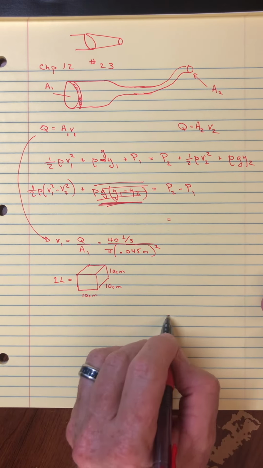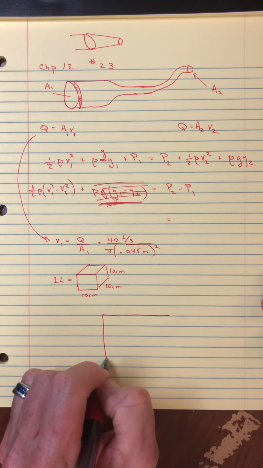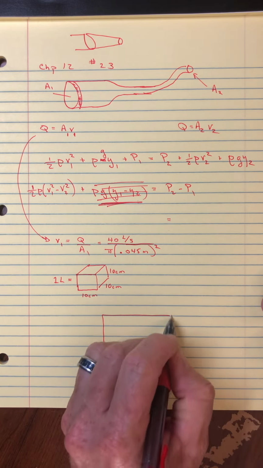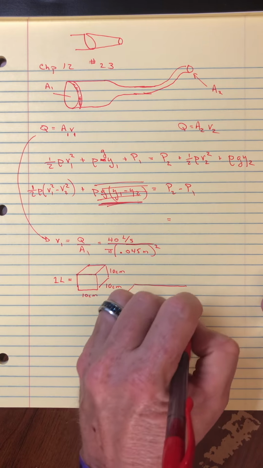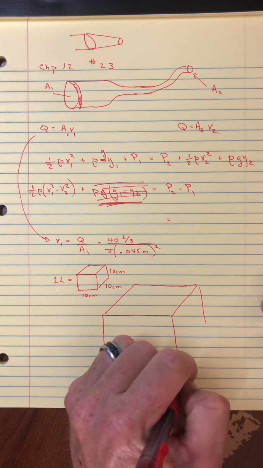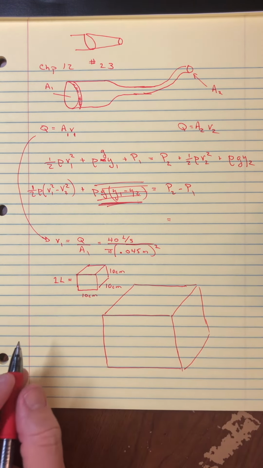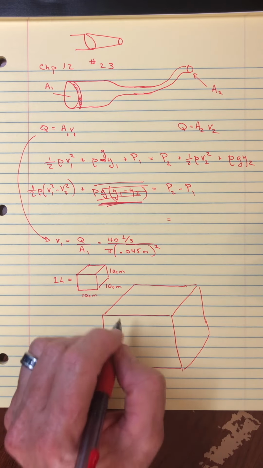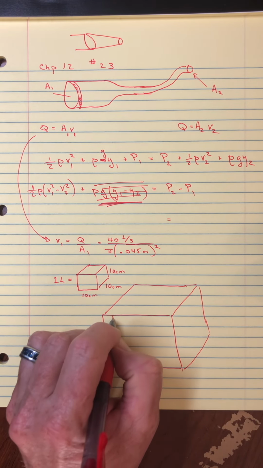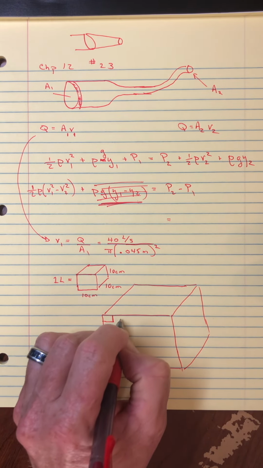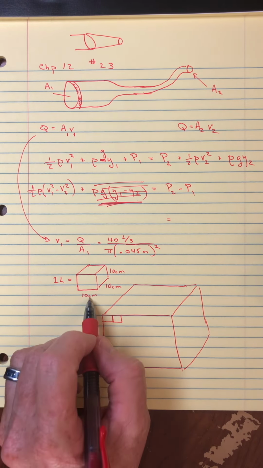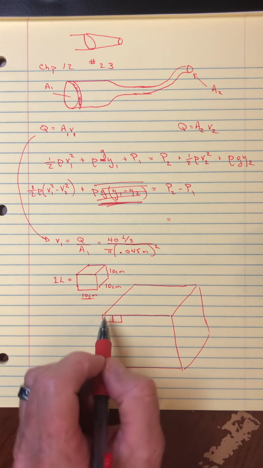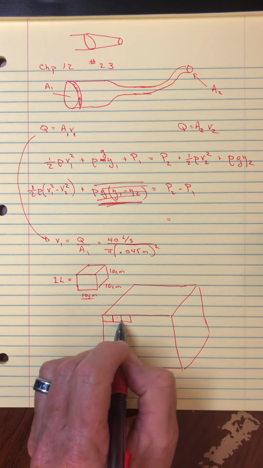So if you had a big box that was a cubic meter, you would put a box, say, here. How many times can you fit 10 centimeters into 1 meter? There's 10 of them.